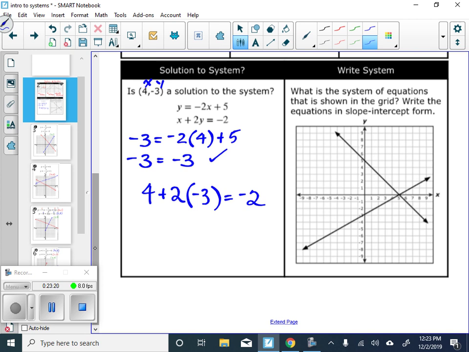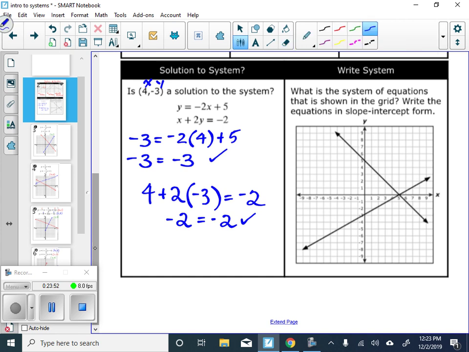So what is 4 plus 2 times -3? It's -2. Does -2 equal -2? Yes. Is this a solution? Yes. Now, if it had said -2 equals +2, is that true? No. So be careful. Watch your signs. Use your technology so that you know for sure.